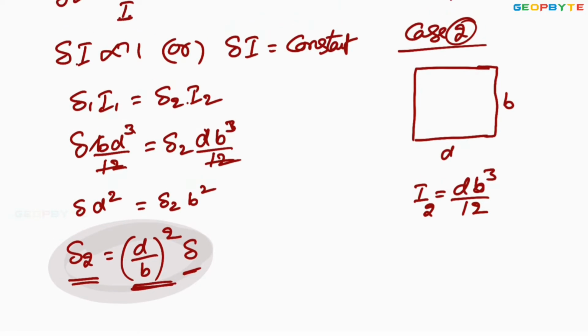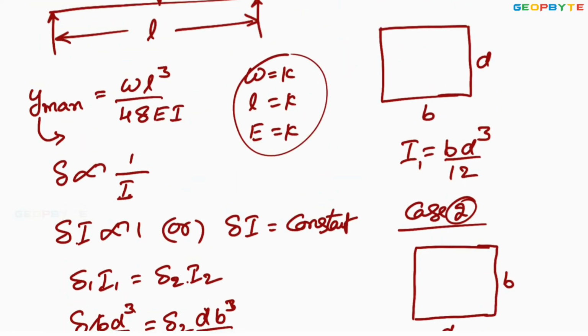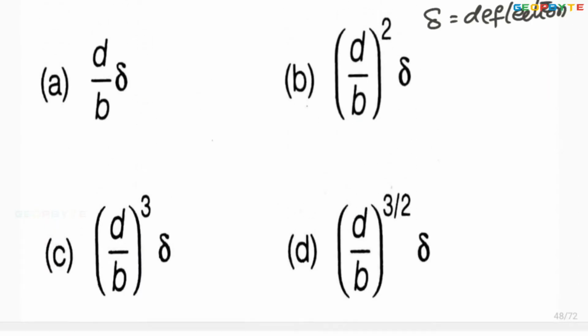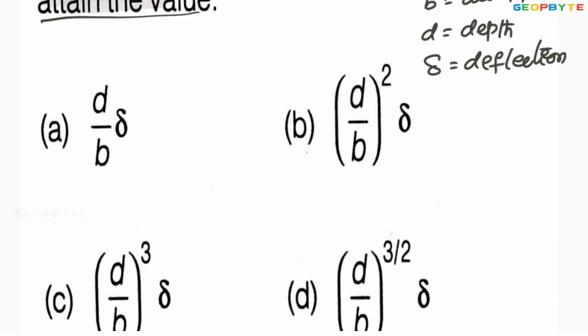Look at the options. Option B, d by b whole square into delta. Therefore, option B is absolutely correct. I hope you understood. Please try this problem at least twice because this is a very, very important problem.